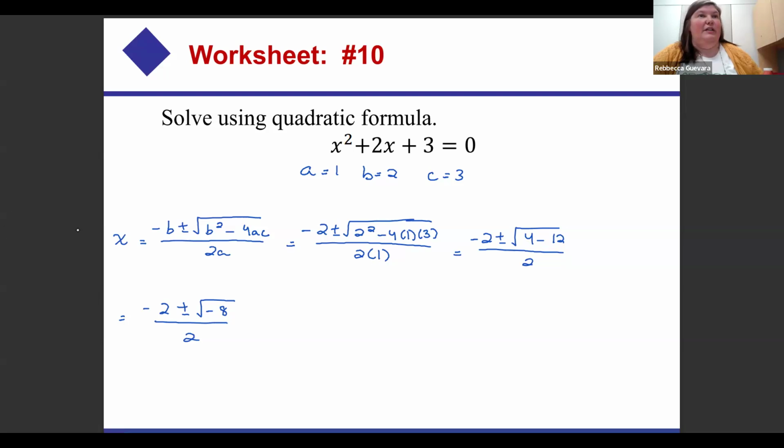So right here is the issue: trying to do a square root of a negative. So we can't do the square root of a negative number, at least in the real numbers. So what we would say is we have no real number solution.